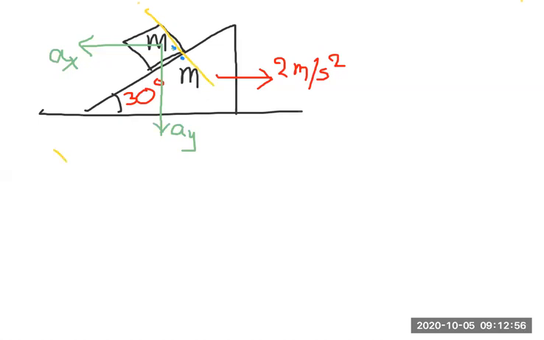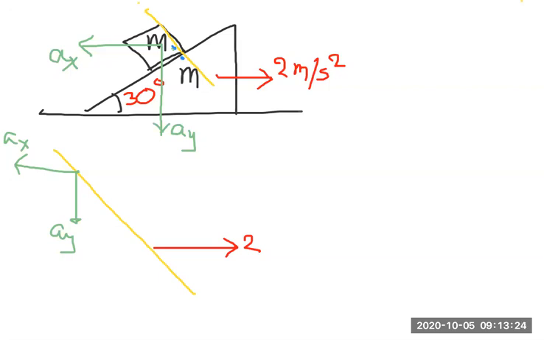And then you draw a line parallel to this, and then you simply draw the acceleration of both the objects on this line, separately, of course. So this is AX, this is AY, and this is 2 meter per second square. And then you find the components of acceleration, right?